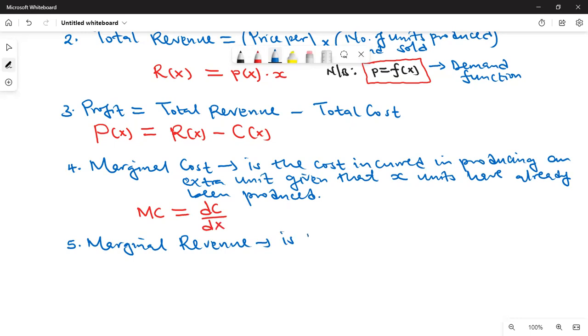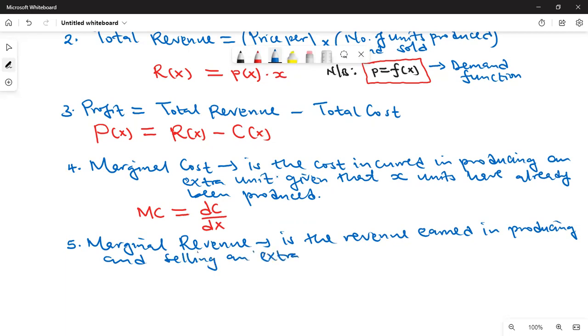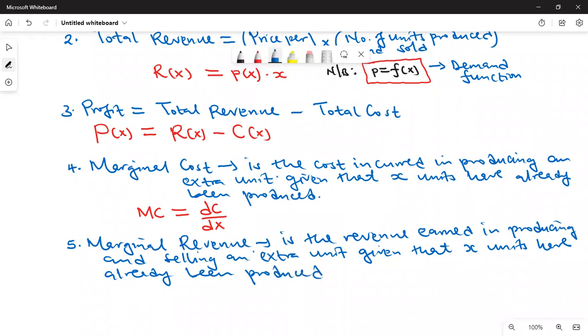This one is the revenue earned in producing and selling an extra unit of a commodity, given that X units have already been produced and sold.